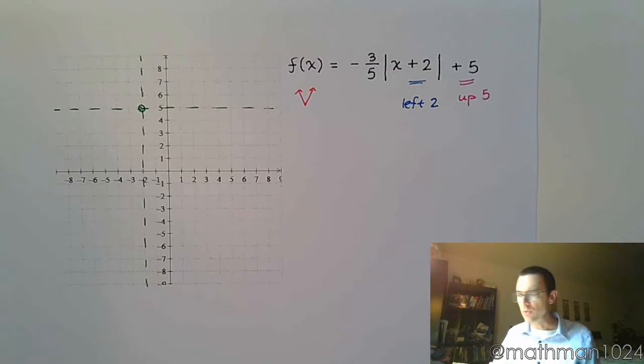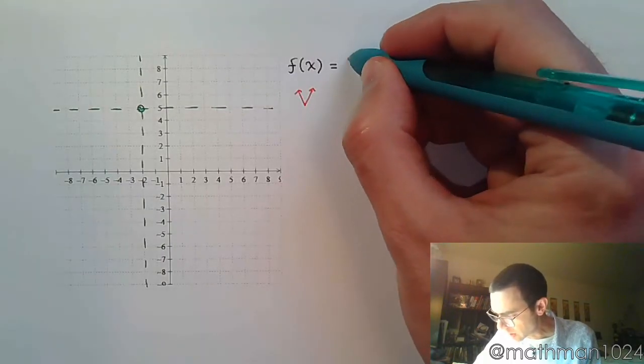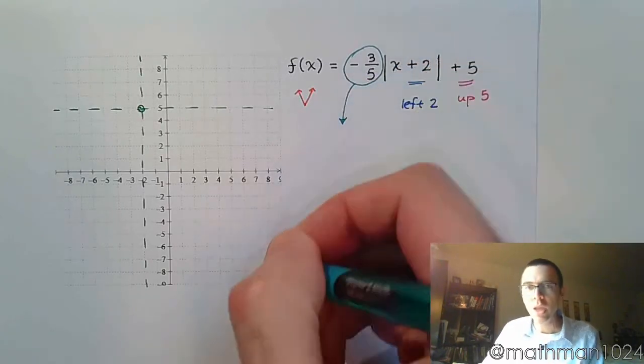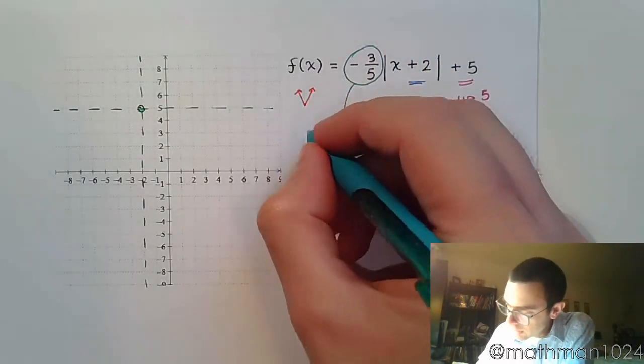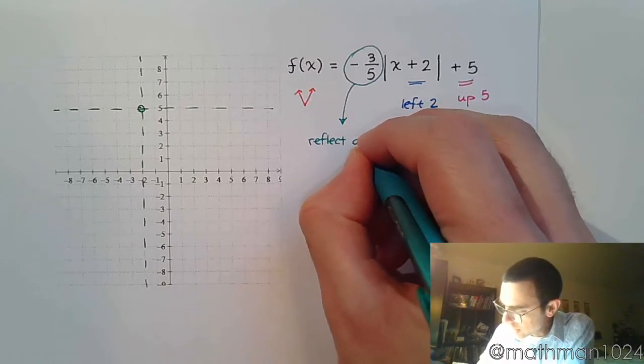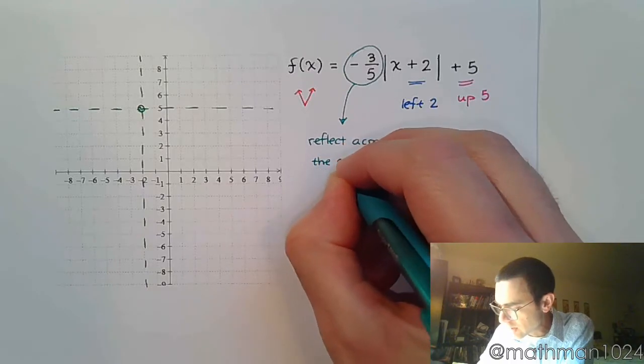Okay. Now the rest of this is where we look to the front part right here. So with what we have here in front, here's what we know. Because of the negative, this means that we have a reflection. We reflect across the x-axis.